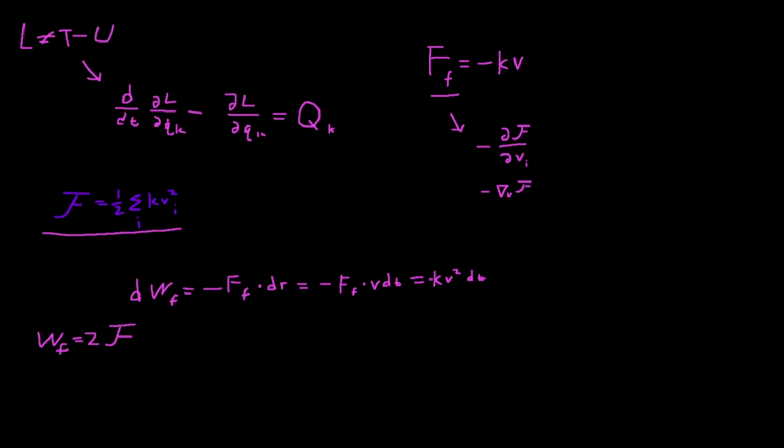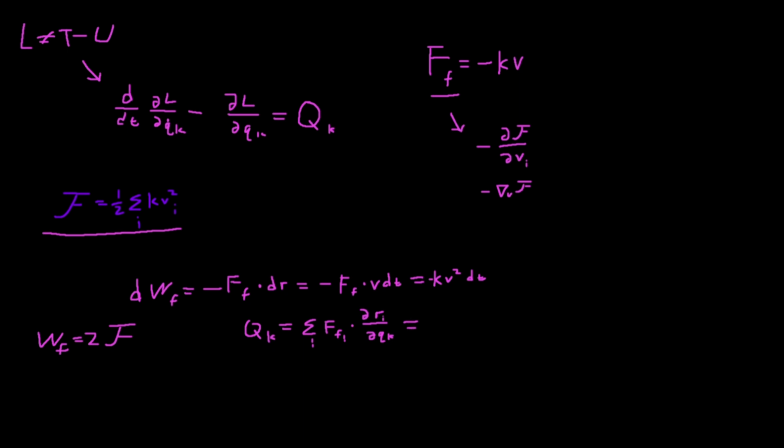The component of the resulting generalized force, Q sub k, is given by the sum of these forces on each of the particles times the partial derivative of the radii with respect to q sub k.